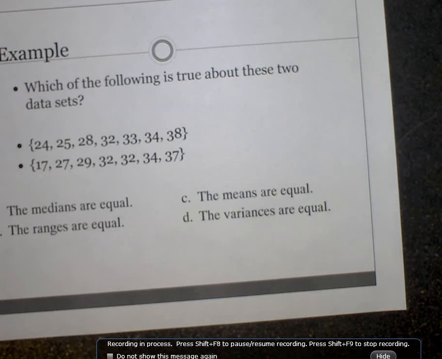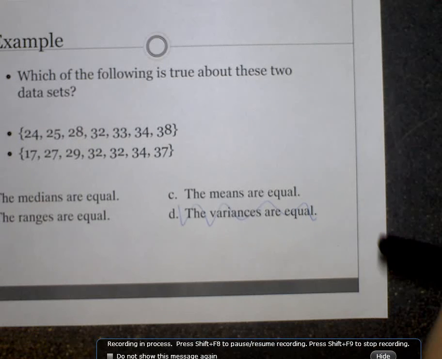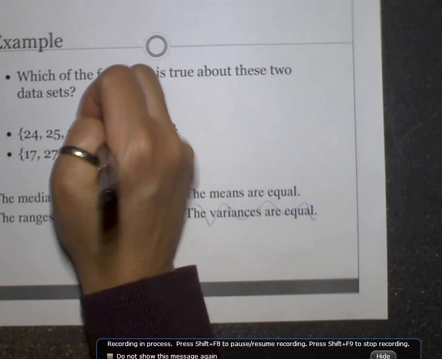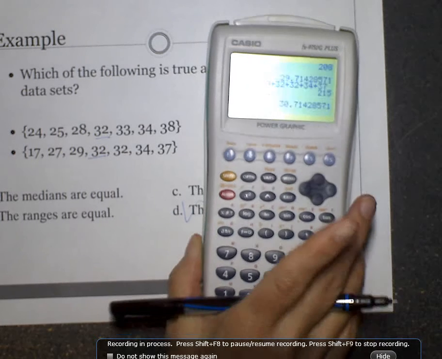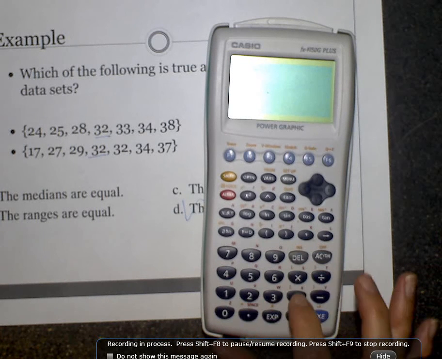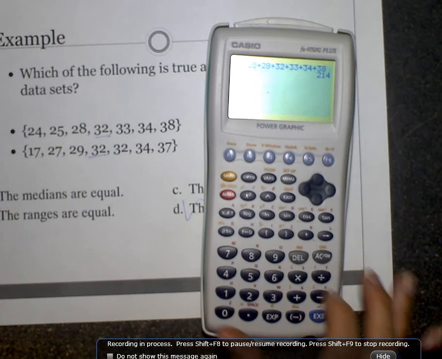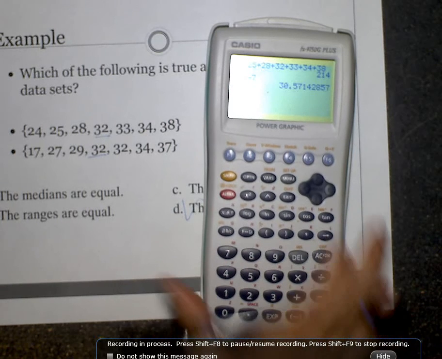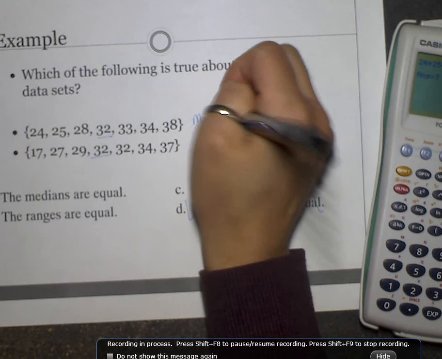The last example we have, which of the following is true about these data sets? Mark this out. The medians are equal. Guess what? They are. But in case it's a select all that apply, I'm going to go ahead and just start doing my work one last time. 24 plus 25 plus 28 plus 32 plus 33, 34, and 38, divided by 7. My mean for the first set of data is 30.57.